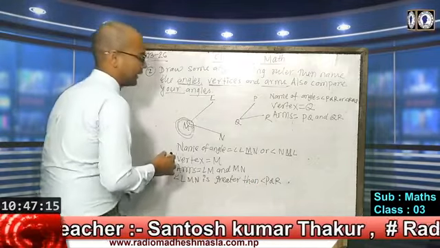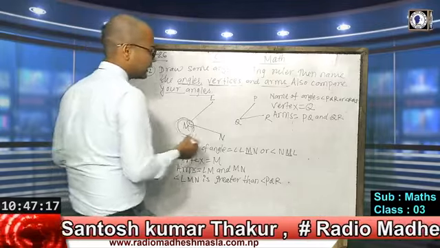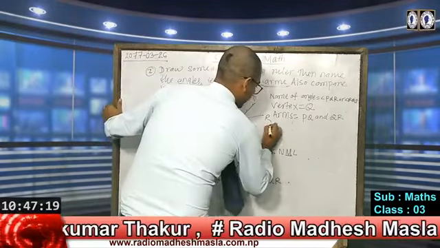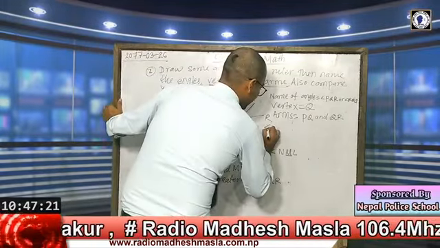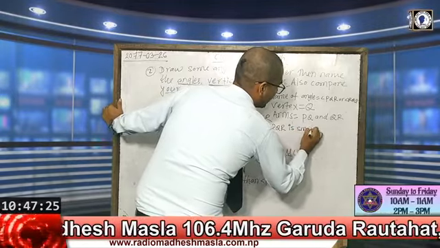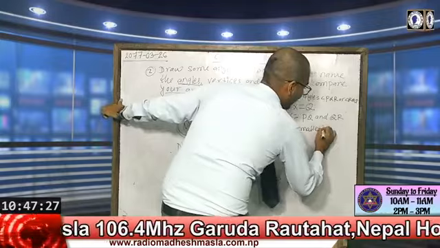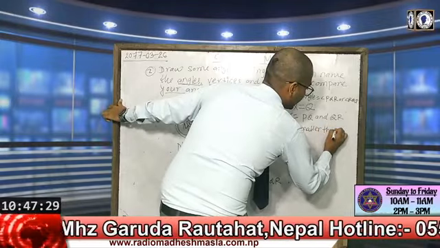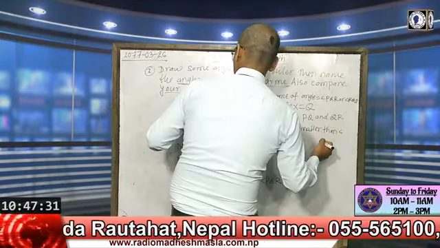In the same way, we can write it like this also: angle PQR is smaller than angle LMN.